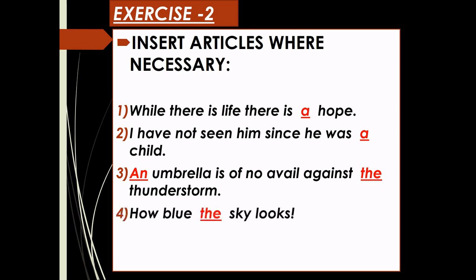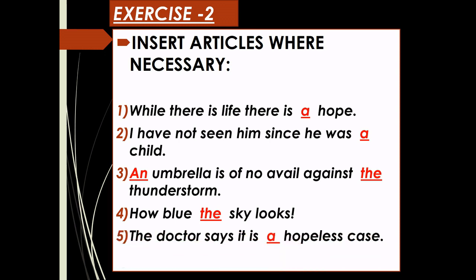How blue the sky looks. Here the word sky is the name of a unique thing. That is why the is used here. Number 5. The doctor says it is a hopeless case. So we are talking about only one case, and the word hopeless is starting with a consonant sound. That is why a is used here.